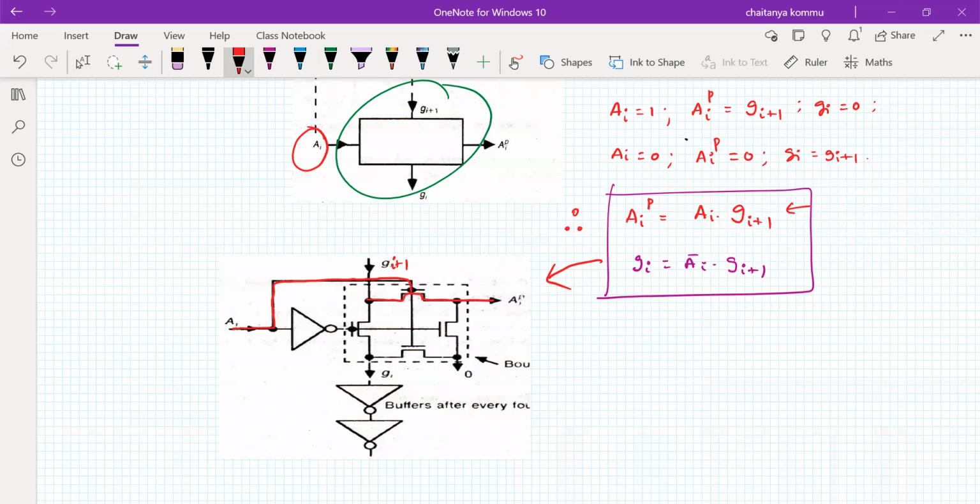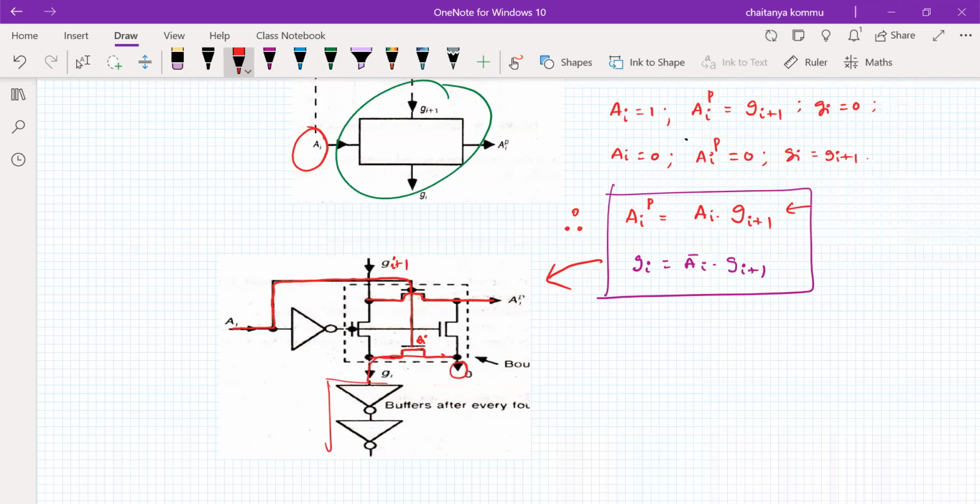Clear to all of you? So during that time, what about the G A? G A must be equal to 0. How do you make G A equal to 0? I'm going to use another transistor here, with the same input. What is that input? A only. So A is equal to 1 and 0 will be transferred to this one. 0 will be transferred to this.